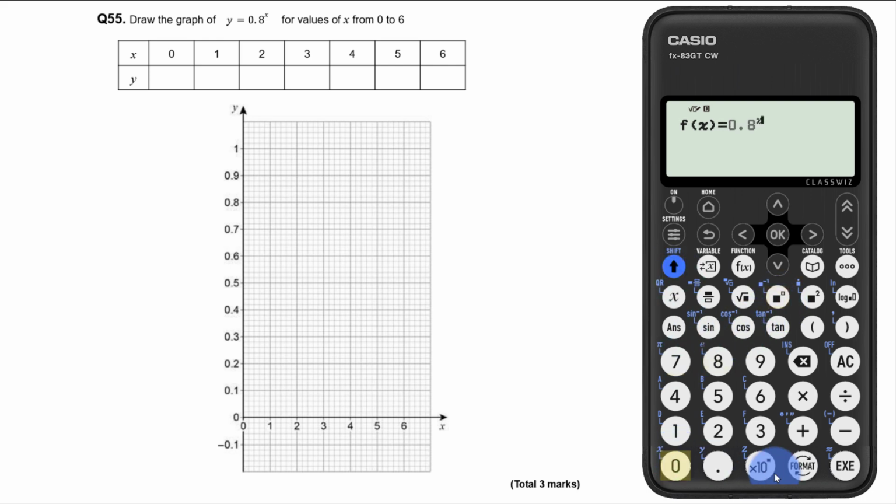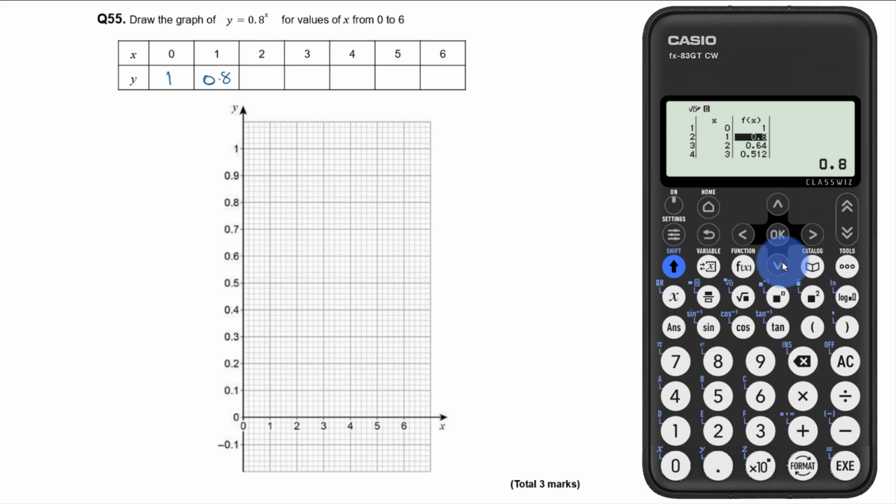Okay, so this is what we call an exponential function. Let it work out the values for me. Okay, and then I'm going to write these in. I'm just going to round them off to 2 decimal places if they go larger than that, because we're not going to get anything more accurate than that on my graph. So when x is 0, f of x is 1. When x is 1, I get 0.8.